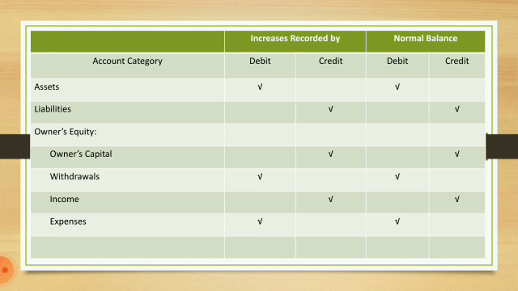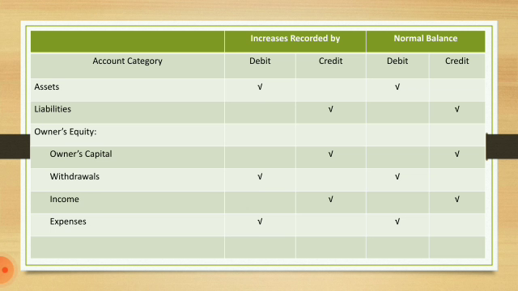Now, talking about owner's equity. Owner's equity involves four elements. We have owner's capital, withdrawals, income, and expenses. What is the normal balance of owner's capital? It is credit, or right side. What is the normal balance of withdrawals?